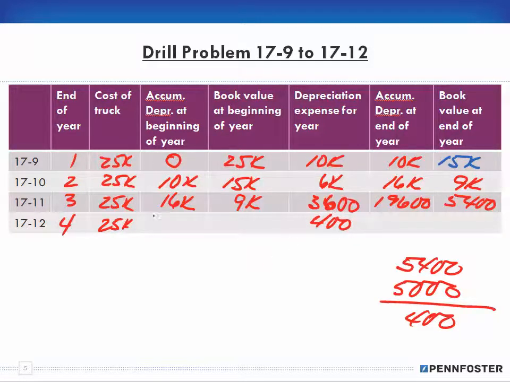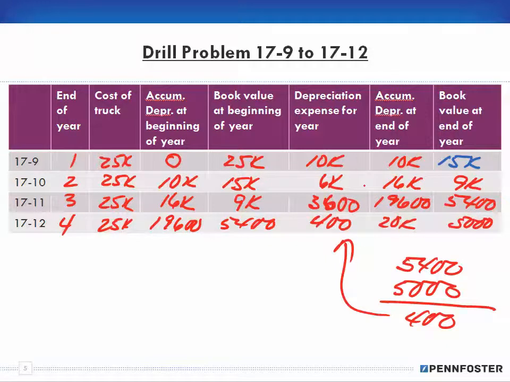I'm going to carry the numbers over, so this should be 19,600 and this should be 5,400. You saw how I arrived at the $400. That makes my accumulated depreciation 20,000, and of course 25 less 20 gives me $5,000 as my book value.